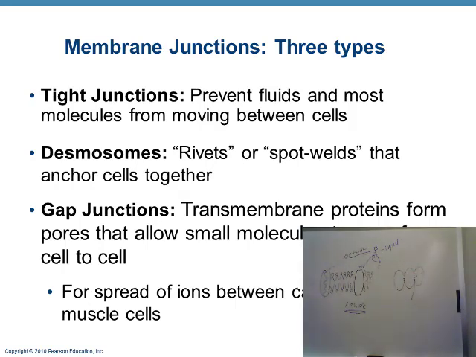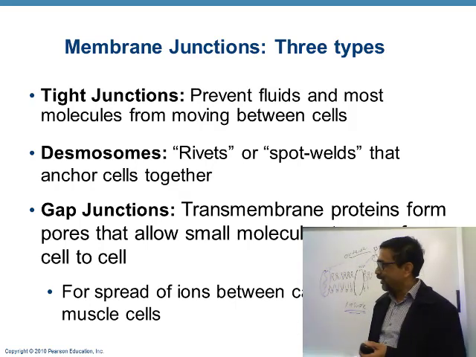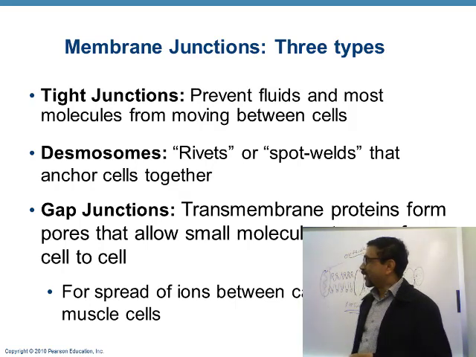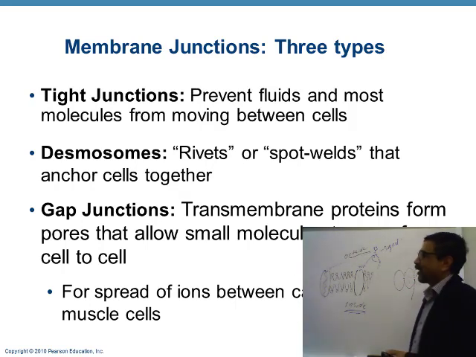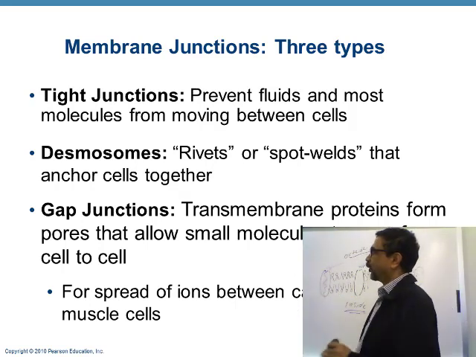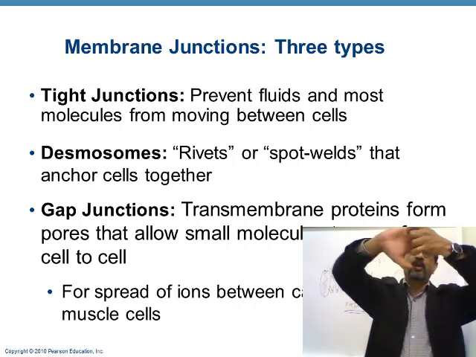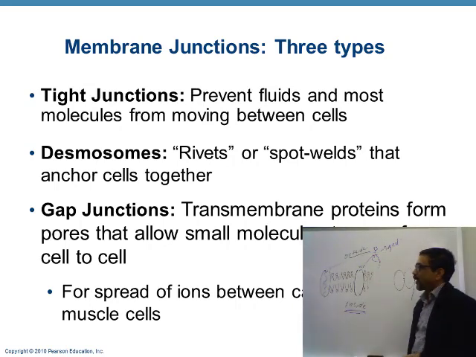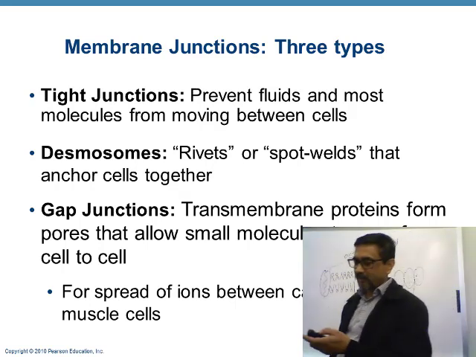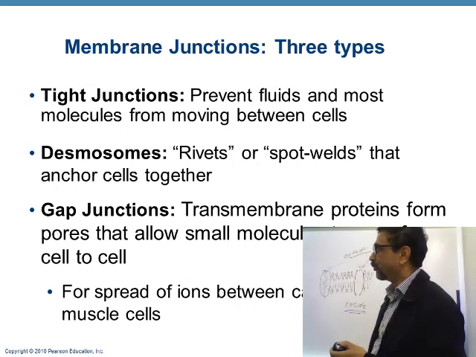That's why they are called gap junctions. Many pores or channels are present inside the gap junctions. So cells can quickly talk to each other through the gap junction. So those are three. One allows very little fluid and very small molecules. That's the tight junction. Desmosomes hold the cell membranes very strongly together, and gap junctions allow the ions or molecules to easily pass through them.